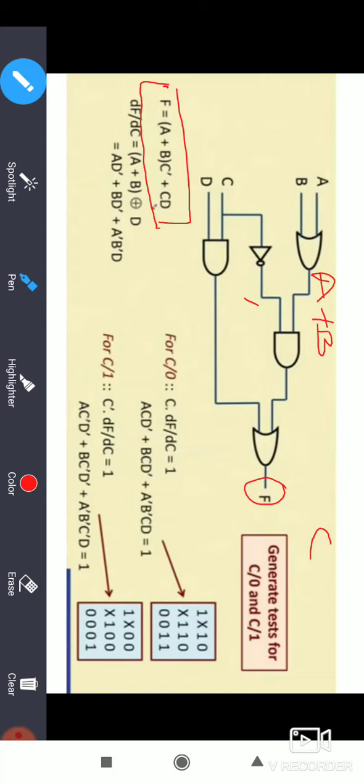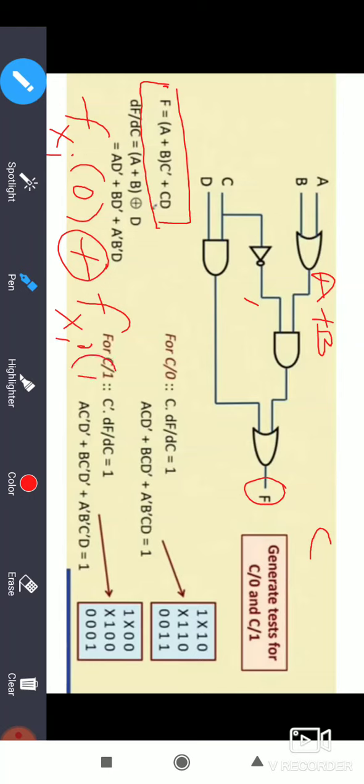Here we apply the Boolean derivative: f xi of 0 exclusive or with f xi of 1.